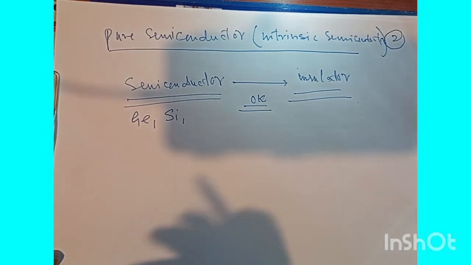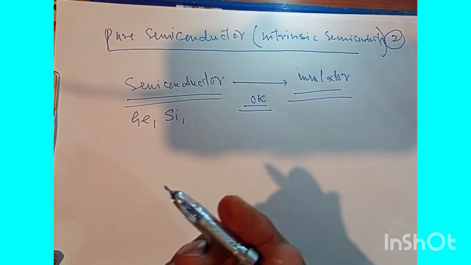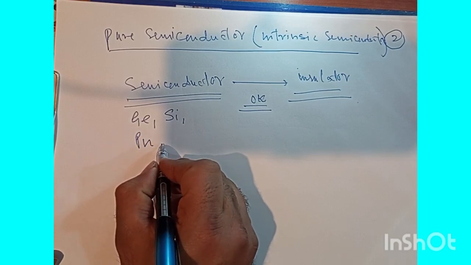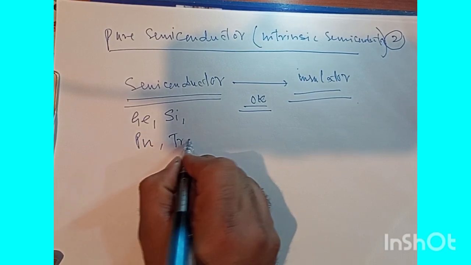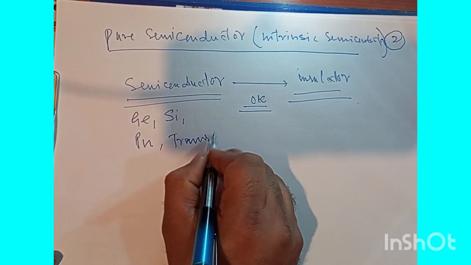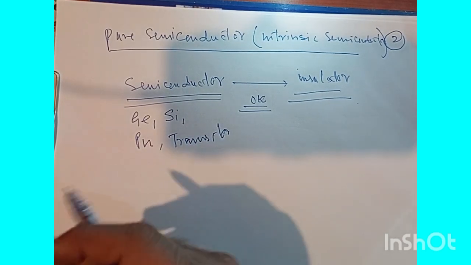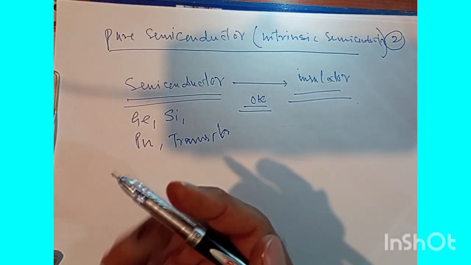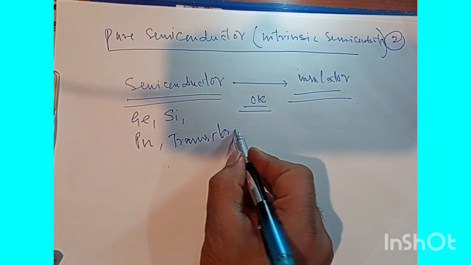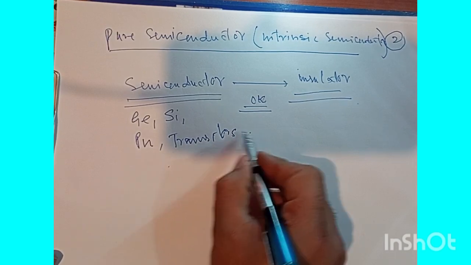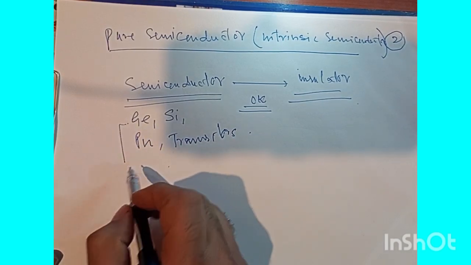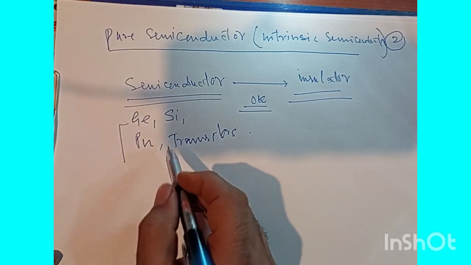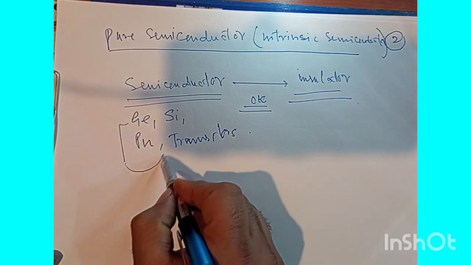In early solid state devices like p-n junctions and transistors, germanium was exclusively used, but now it has been replaced by silicon due to its availability in abundance.